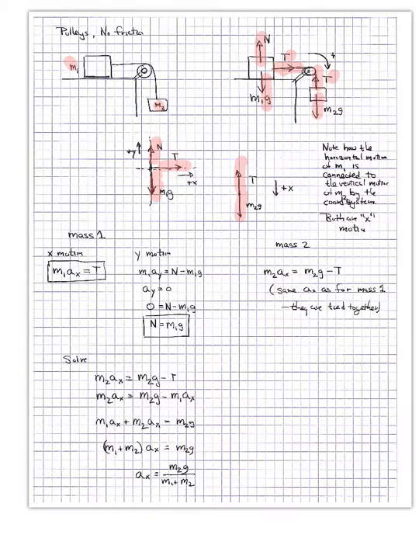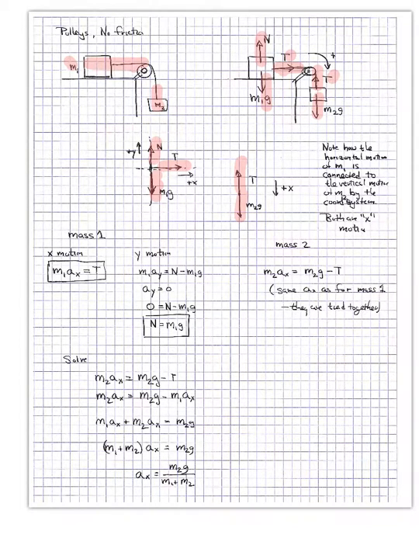Now, here's a really important thing. When I decide the coordinate system, I'm going to connect together the motion of that thing and the motion of that, because they're tied together. They have to have the same acceleration and the same motion because they're connected. So it's very useful to use the coordinate system to connect them.